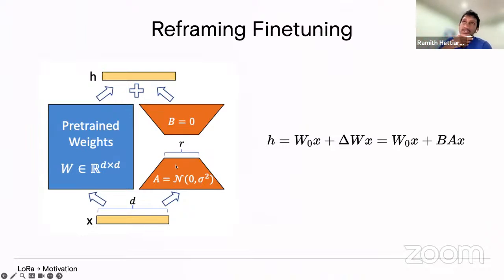So rather than just storing, let's say, Ramit, H is the output? Yeah, H is the output of this layer. So it basically has one path from the pre-trained weights, and then another path through this low rank weights.